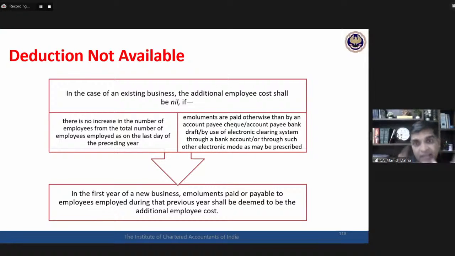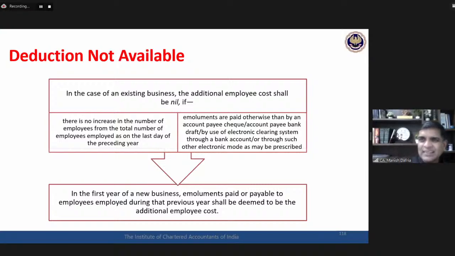Now another interesting question: there has to be a net increase in the employees, then only this deduction would be available. So if this is the situation, what will happen in the very first year? In the very first year in which the business has commenced, what will be the net increase in the employees? Law says all the employees employed during that previous year shall be deemed to be additional employees. So if it's a new business, in the very first year, whatever number of employees you have appointed, all these employees would be treated as new employees, and 80JJAA deduction can be claimed for them.